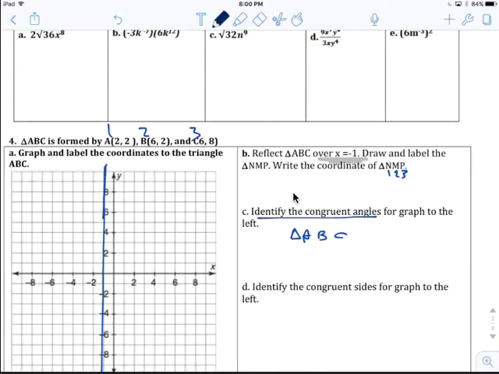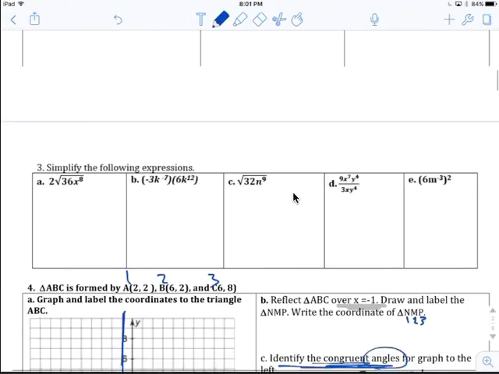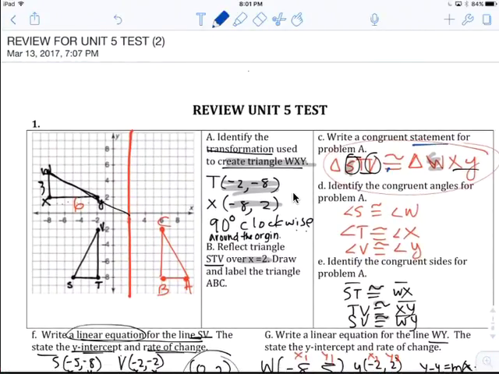Identify the congruent sides and congruent angles. On your homework, on your test, I may ask any of these, not in order. So angle A is congruent to angle N, and then angle B is congruent to angle M and so forth. Make sure you put that congruent sign, and this is congruent sides. Make sure you don't mess up the congruent statement. This is a statement.